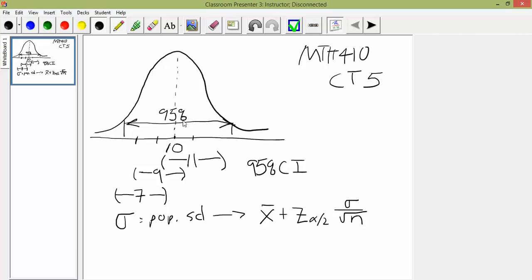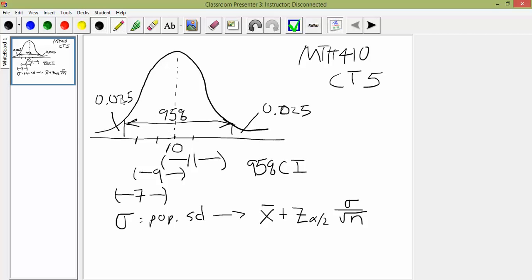Well, it's because of this. If we're constructing a 95% confidence interval, that means that we have 0.025 in this end, and we have 0.025 on that.